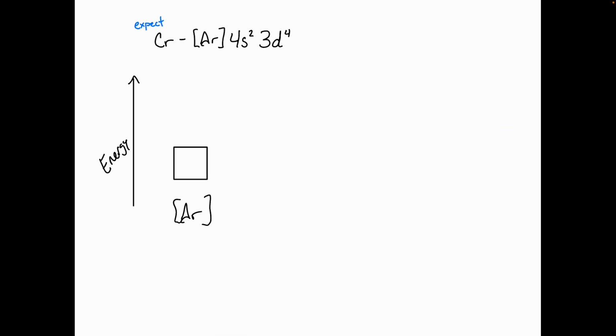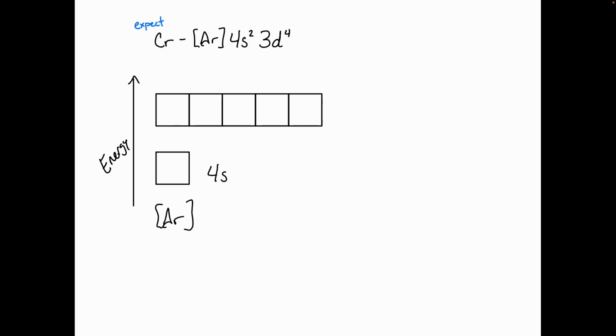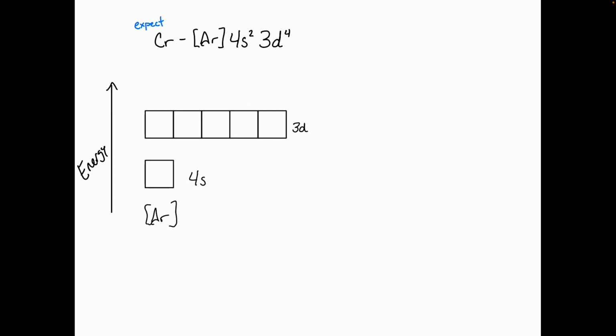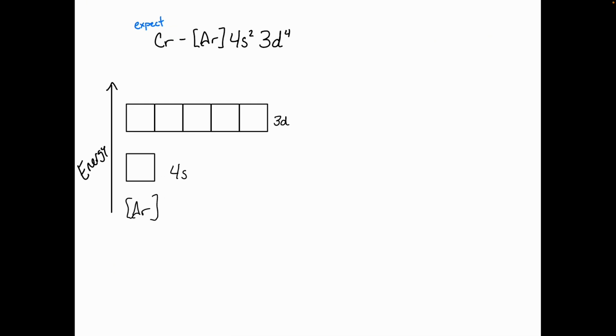So here's my 4s. And how many boxes should I have for my 3d? 5, right? d orbitals have a total of 5 boxes. Fill this diagram in based on that electron configuration and our filling rules that we discussed, for the chromium atom, what we would expect its electron configuration to be.